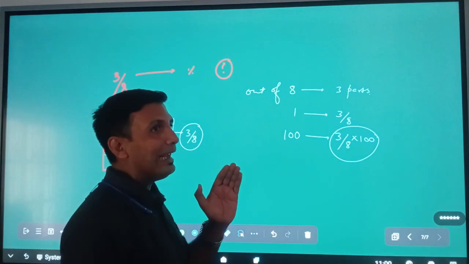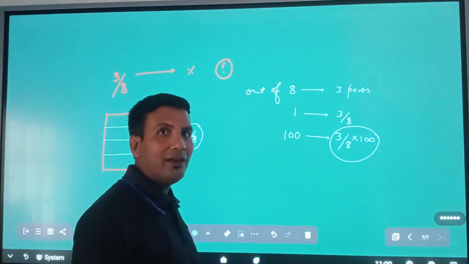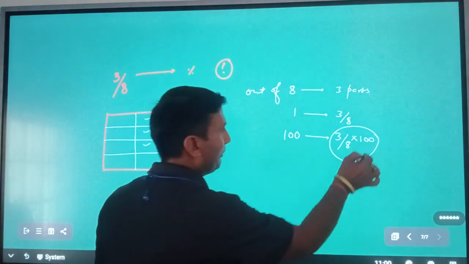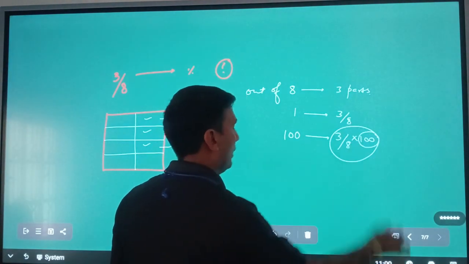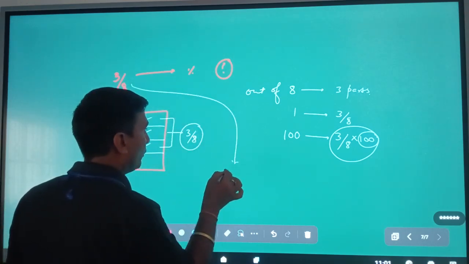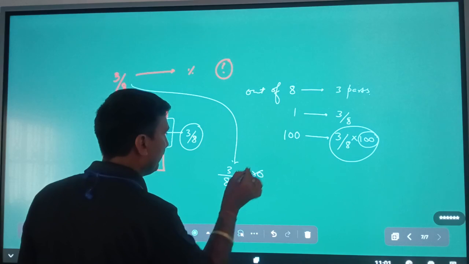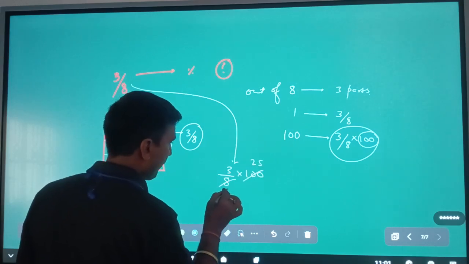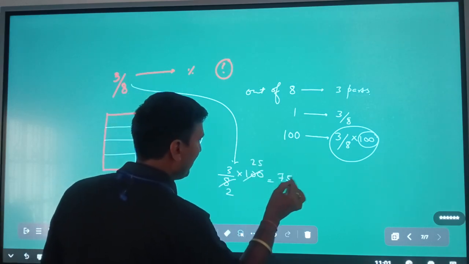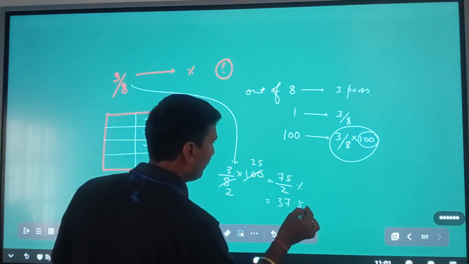Whenever you are getting any fraction and you have to convert it into a percentage form, then you have to multiply that fraction with 100. So simply you have to write down 3 by 8 into 100, which is going to be 75 by 2%, or you can say 37.5%.